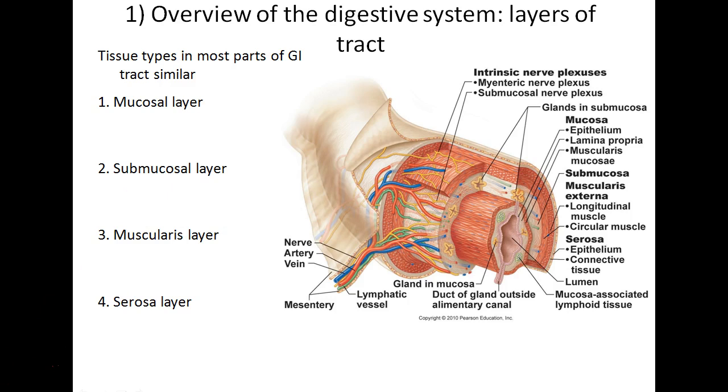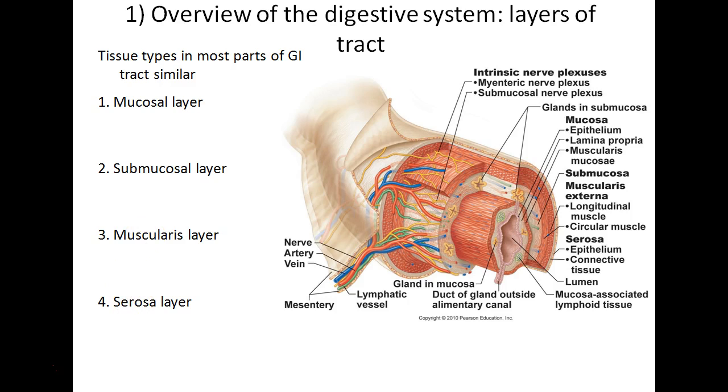We now turn our attention in the digestive system to the GI tract, the layers of the tract, the gastrointestinal tract wall, so to speak. This GI tract is a hollow tube, and in bolded letters, we can see that it consists of four main tunics: the mucosal layer, the submucosal layer, the muscularis externa layer, and the serosa layer.